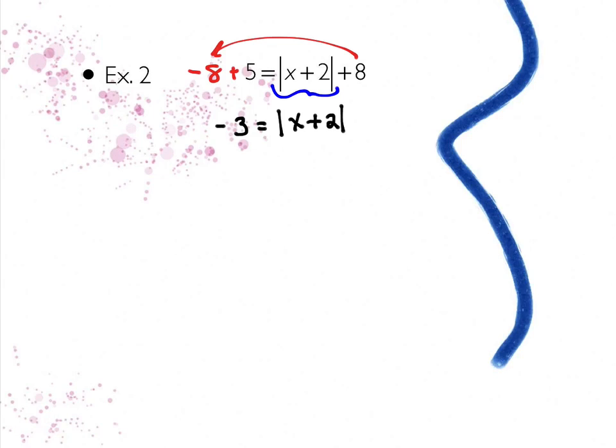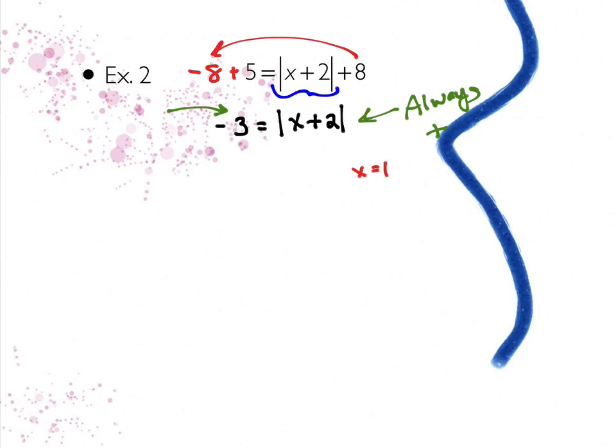Now, before you go splitting and making two cases, one thing you always have to remember is the absolute value is always positive, right? Always positive. But in this instance, this number is negative, and we can't plug in any answer that would make this work. If I said, well, what about x equals 1?